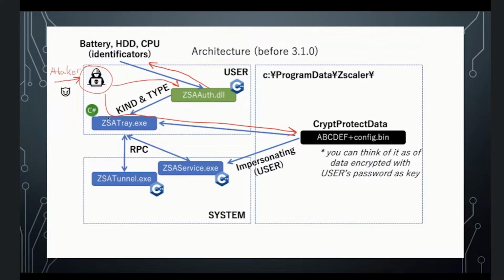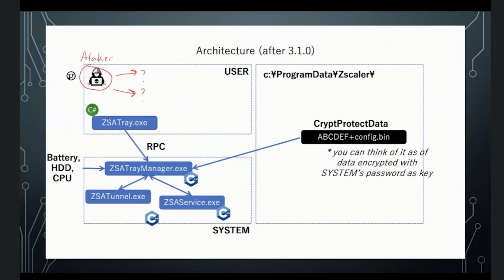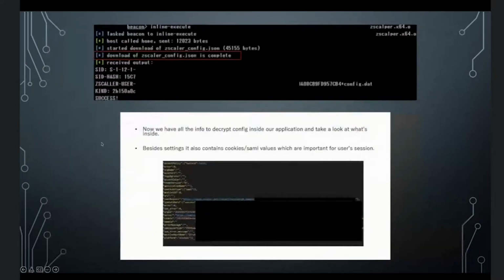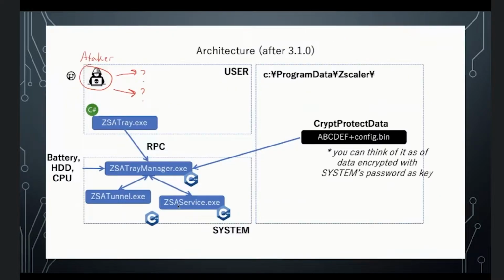We found out that there was SAML data inside the config. This SAML response data has an expiration period of about, I think, 1 week, so it can be reused.